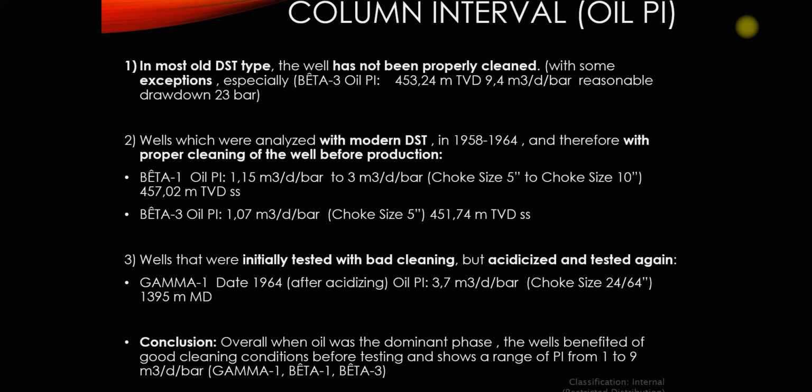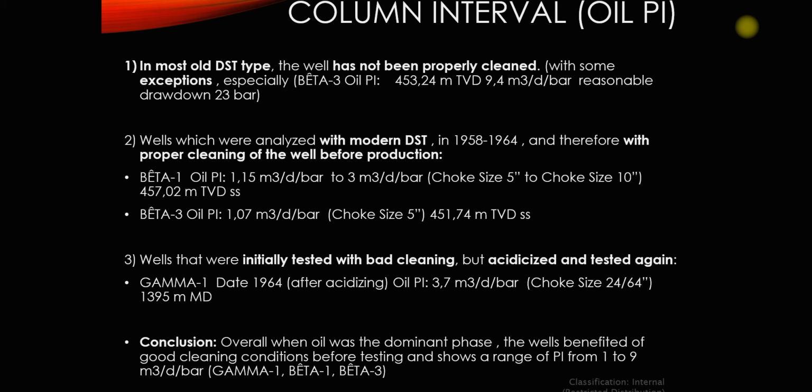So now it's still the testing column, but for the oil production index. In most of the old DST type, the well has not been properly cleaned. With some exception, like Beta 3, we saw in the previous test that it was cleaned up reasonably well, and we have a small drawdown, so we can trust the production index that comes from it, about 9 cubic meter per day per bar.